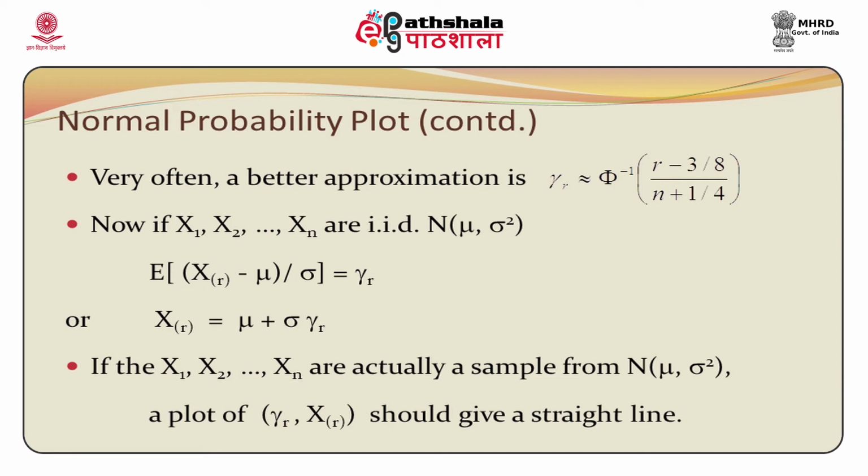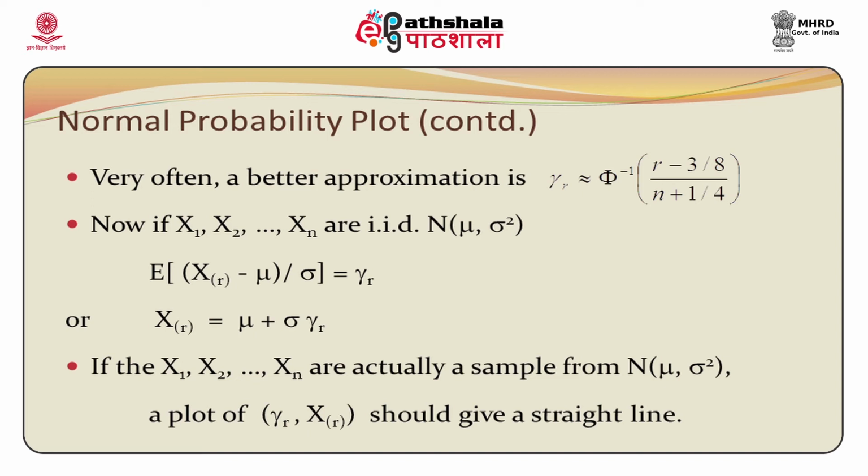So, xr can be approximated by mu plus sigma gamma r. It will not be exact because we have been taking expectations, but if the actual value is close to the expected value, then you would expect that it becomes a linear function of gamma r. So, what we do is we plot xr against gamma r.